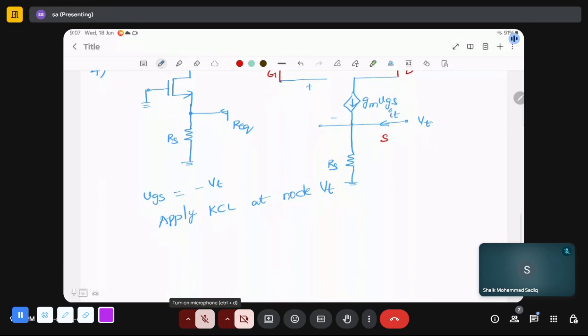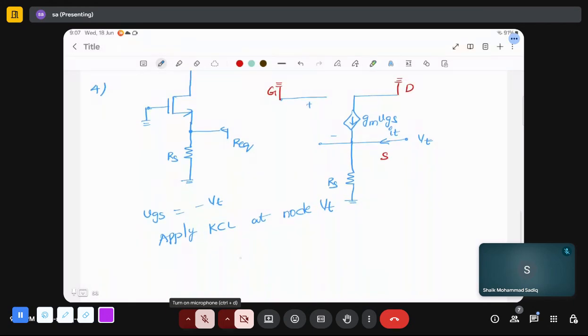Can anyone tell me the KCL? VT by RS, plus minus GM VGS, since we took it in this direction, minus GM VGS is equal to IT.